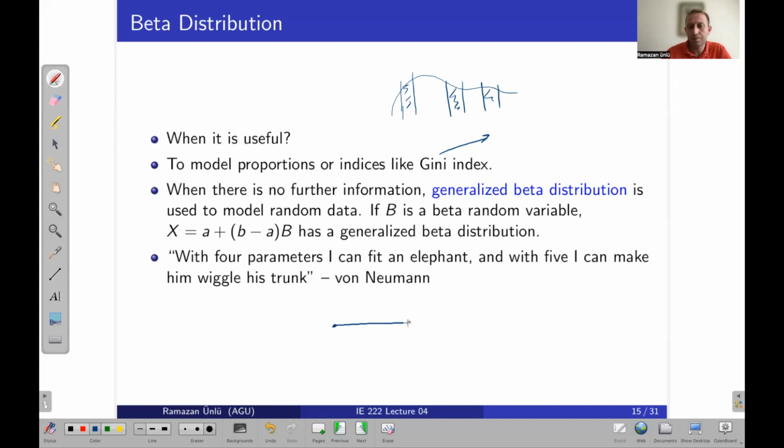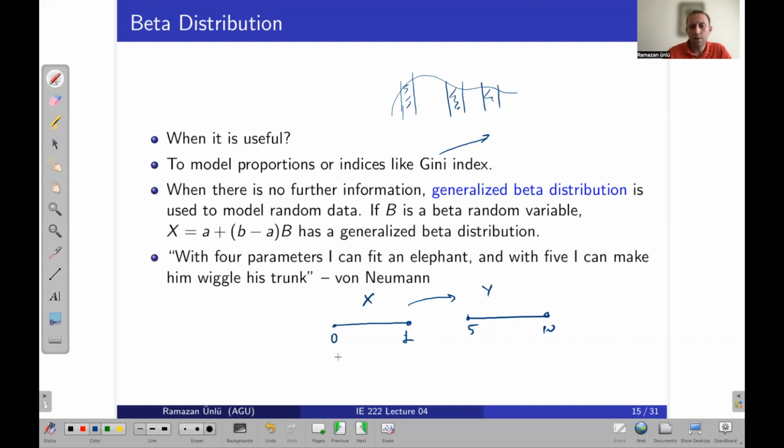The random variable will range between 0 and 1, and let's say that is X. And let's say we have a new variable, Y, and that is ranging from 5 to 10. So we can use this standard uniform distribution to generalize to this model.